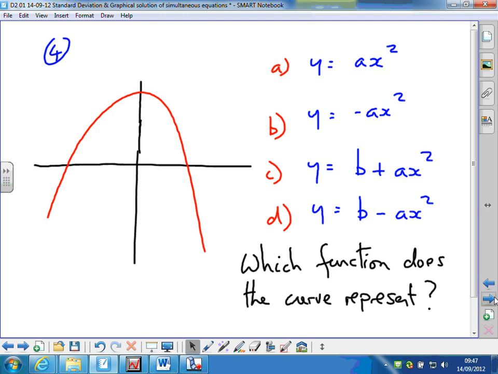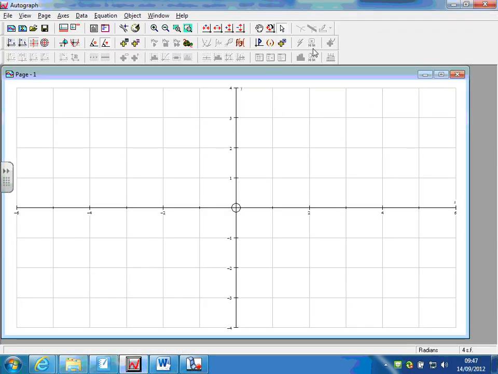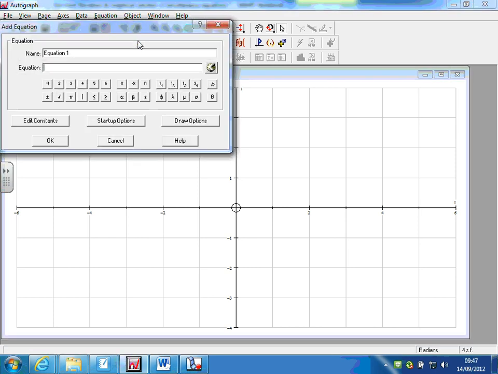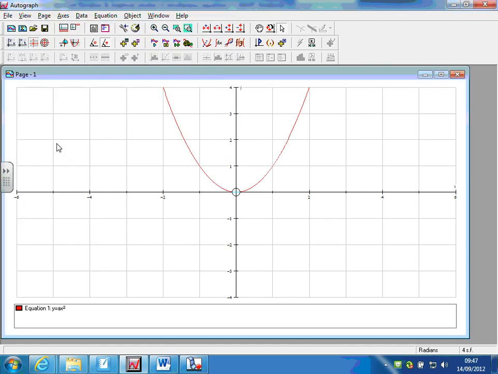Okay, so let's go to Autograph and type in y equals ax squared. Hit OK. And look at it. Okay. If I change a, and we're sort of moving now on to the sorts of things we're looking at today, so focus in. If I change a, what effect will it have on the curve, do you think?